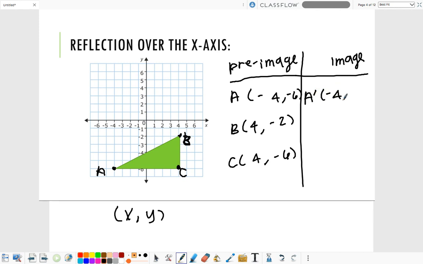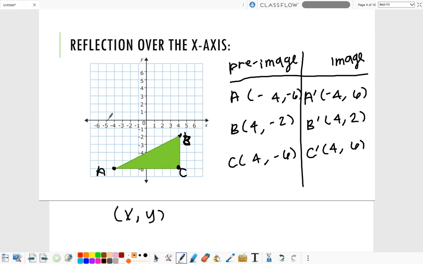Our x stays the same, but our y changes. So it was negative, now it's going to become positive. B prime, it was 4, x stays the same, your y changes, it was negative, so it becomes positive. And then C prime, x stays the same, and our y changes, so it goes from negative to positive.